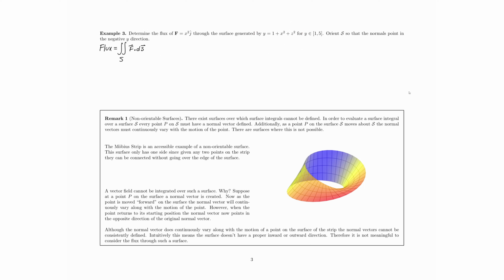Now notice that while this is not solved for z, it is solved for one of the variables. So we could definitely use the parameterization. We could let x equal u, z equal v, then the parameterization would be r of u comma v equals u, then y would be 1 plus u squared plus v squared, then v.